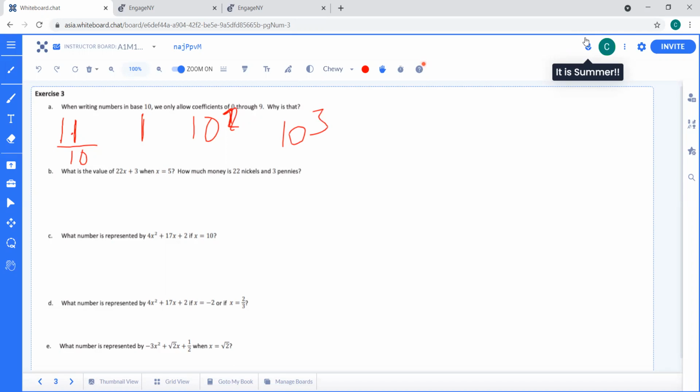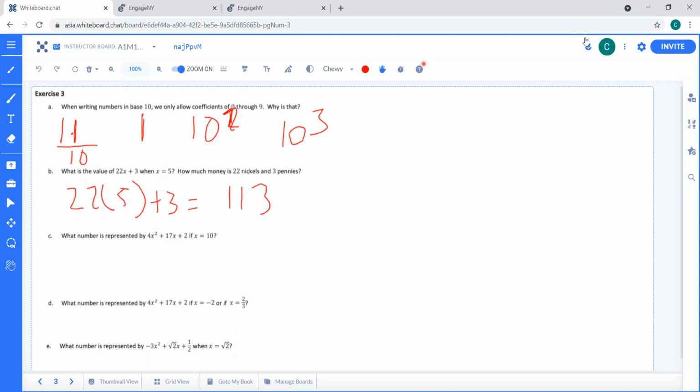Okay, so what's the value of 22x plus 3 when x is equal to 5? Well, we just plug that in, right? 22 times 5 plus 3. Well, 20 times 5 is 100, and 2 times 5 is 10, so 110, plus 3 is 113.